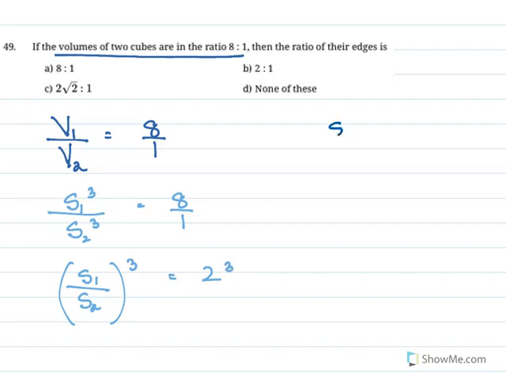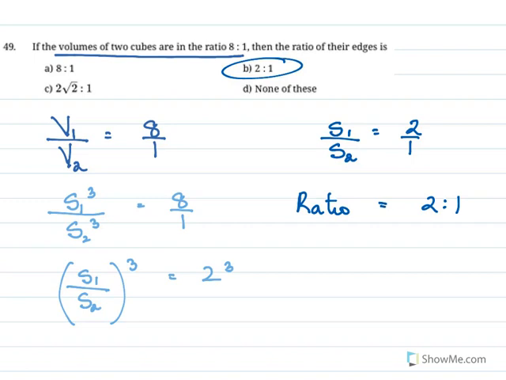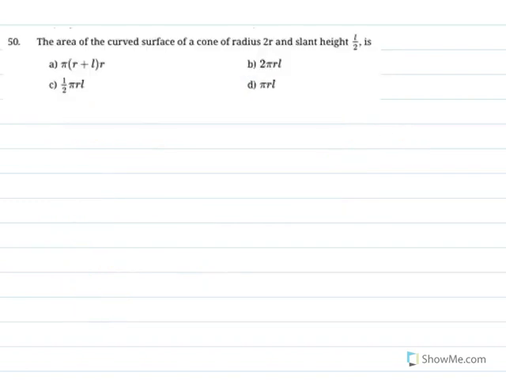So I can now say S1 over S2 is 2/1. So the ratio of their edges will be 2:1. This is the right answer, 2:1.